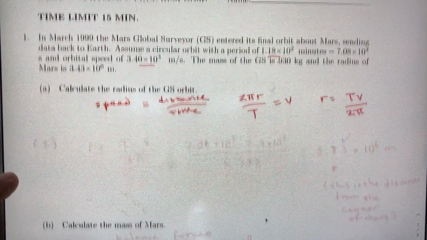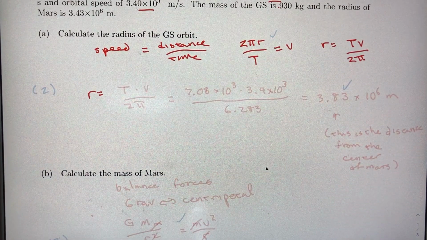So R is T times V over 2 pi. Don't forget to put parentheses around 2 pi. T is, use the seconds version.